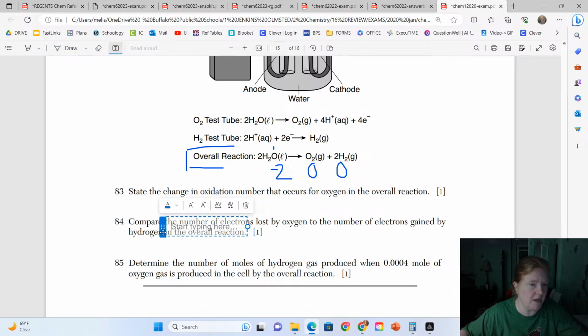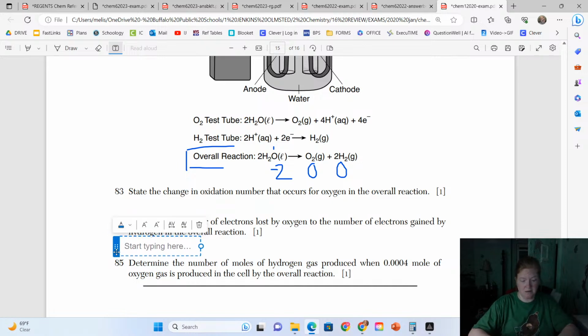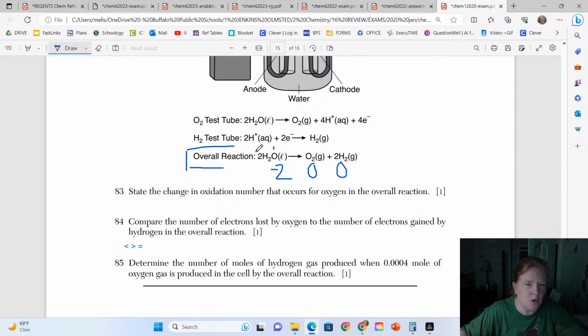This is a compare question. What are our options for compare? Remember, it can either be greater than, less than, or equal. That is it. You have 33% odds. The twos, just to answer your question, are up here just to balance the equation.